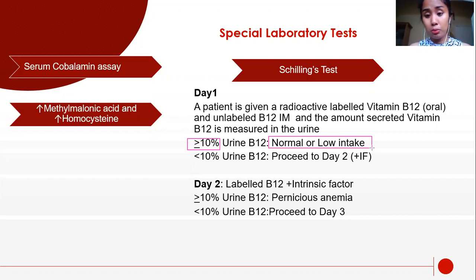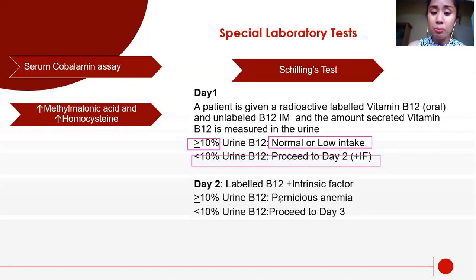Sabihin natin, nakahanap tayong Howell-Jolly body. So we're sure that if it's more than 10%, it's only due to dietary reasons. But guys, if it's less than 10%, we need to proceed to day 2. First, they have a hypothesis na pernicious anemia. So what they're going to do on the second day is add intrinsic factor.